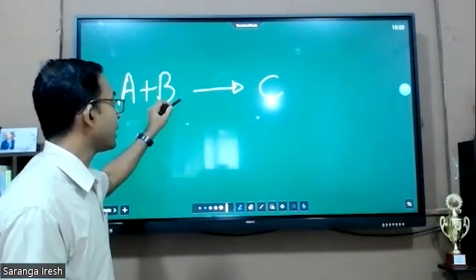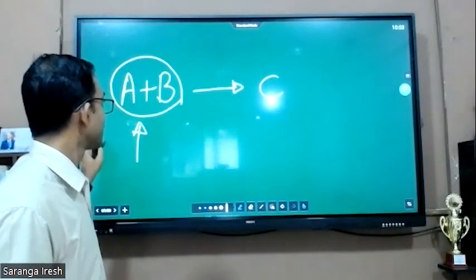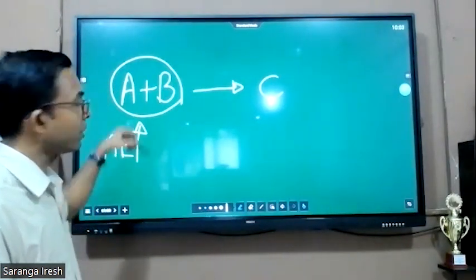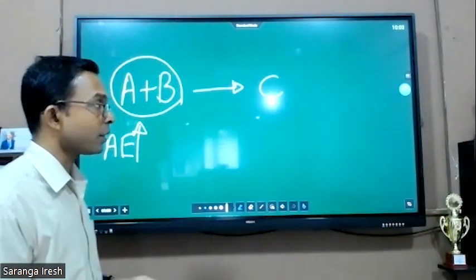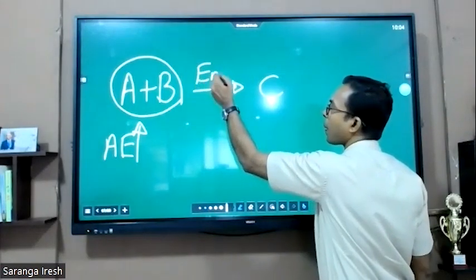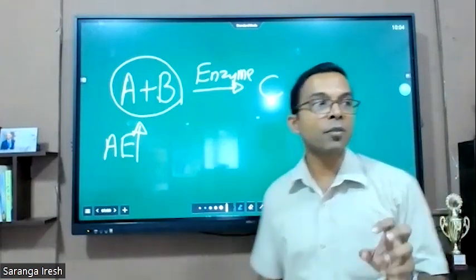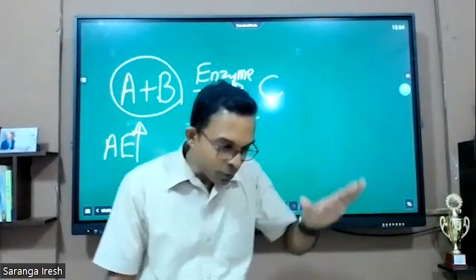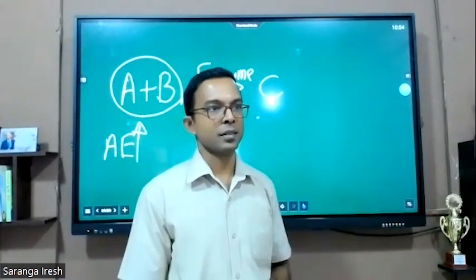But the activation energy of this reaction is very high. Then the catalyst involved here to reduce the activation energy is the enzyme. Enzymes are involved there, reduce the activation energy, and let the reaction happen.